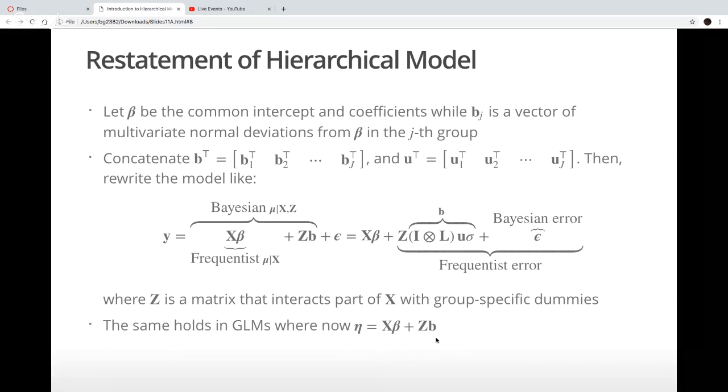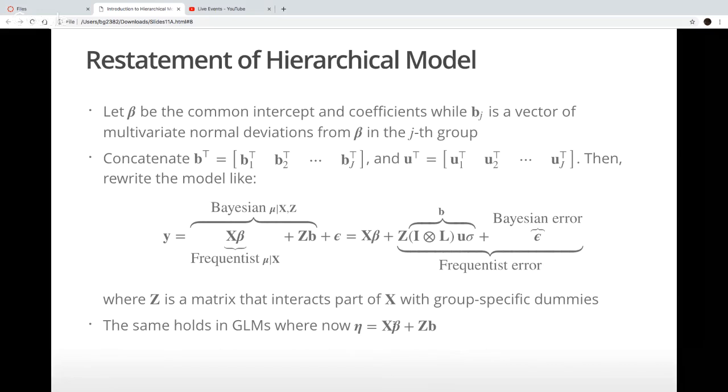So they're thinking about this normal model as having correlated errors, whereas for Bayesians, conditioning on X and Z gets rid of the correlation across counties, or at least that's the assumption. The same sort of thing holds with GLMs if you have some inverse link function that you apply to eta to obtain the conditional mean. Again, we have the question of whether Z times B is part of the error term or part of the signal.